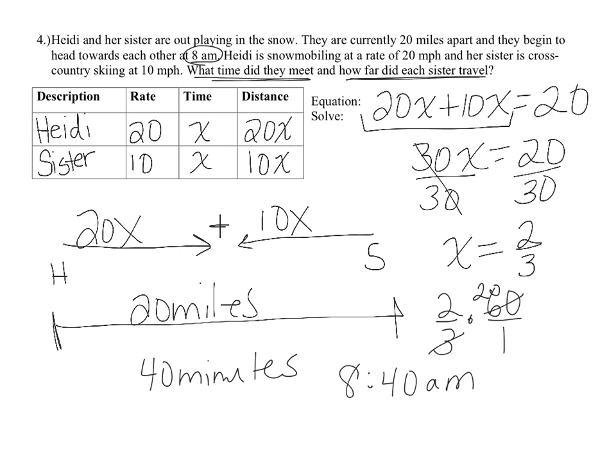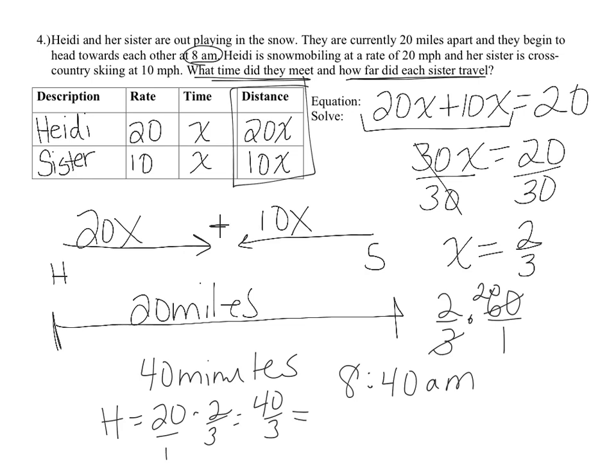Well, the distances are here, right? So Heidi traveled for 20 times 2/3. So 20 times 2/3 is going to give you 40 over 3. And now we need to actually come up with a number for that. So 40 over 3, 3 goes into 40 how many times?